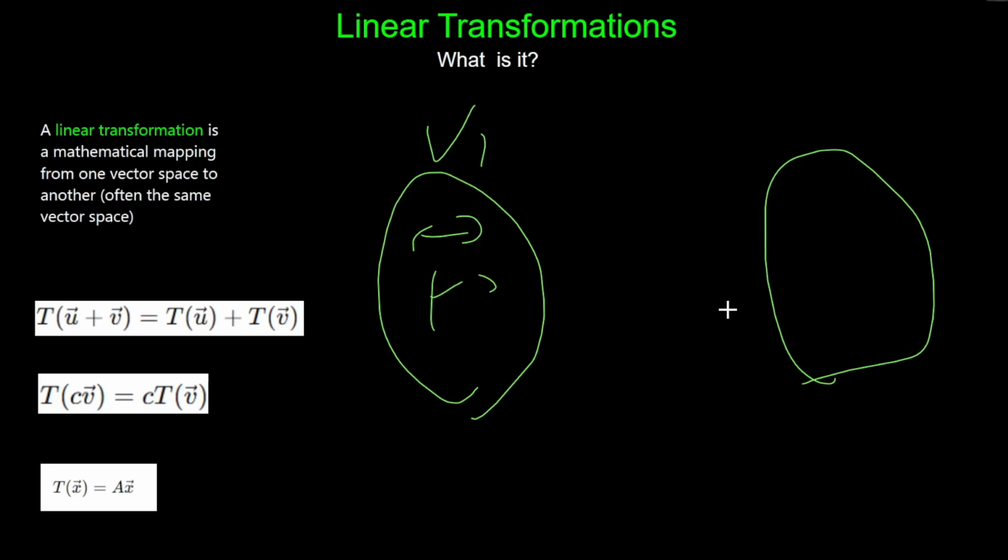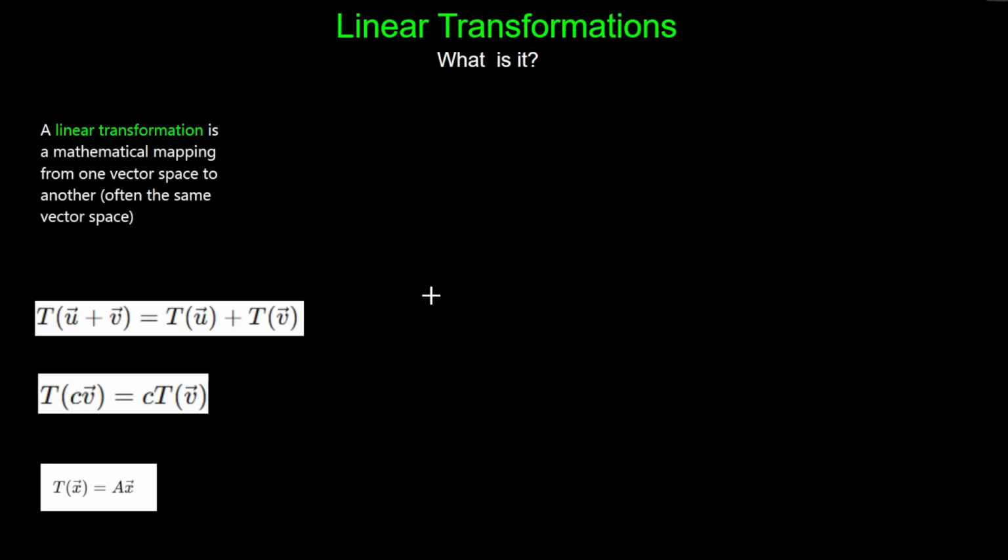So let's see another perspective using matrices. Let's take the vector x in the vector space Rn. Rn is the vector space where the components are real numbers and it has n dimensions.